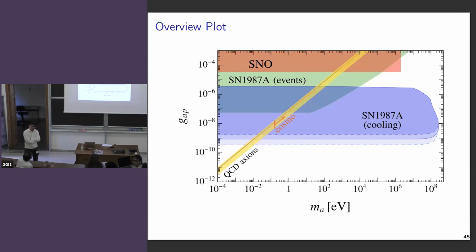And you assume that the photon coupling... Here we are assuming that there is only the axion-proton coupling, so there is no axion-photon coupling here. So we are assuming that there is no interaction with photons.